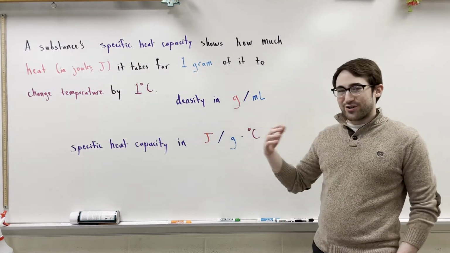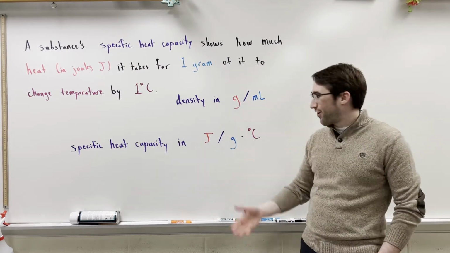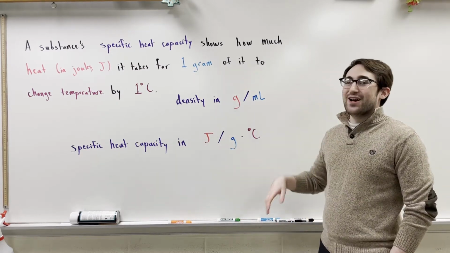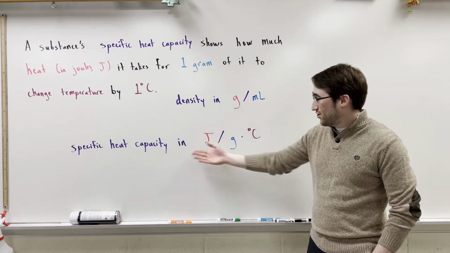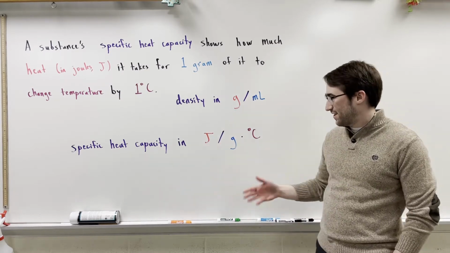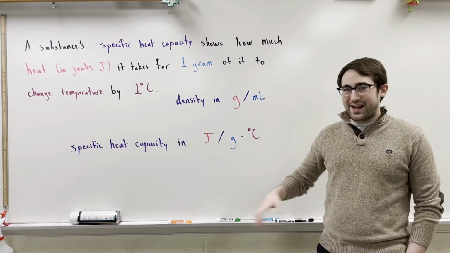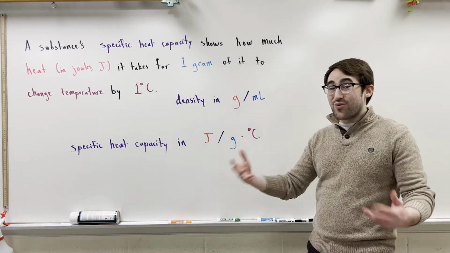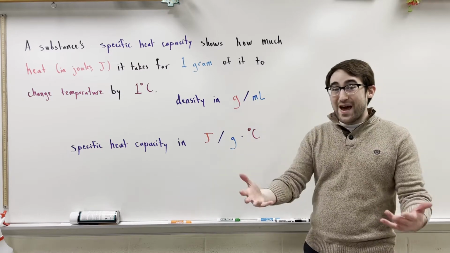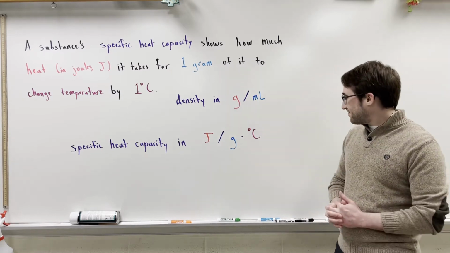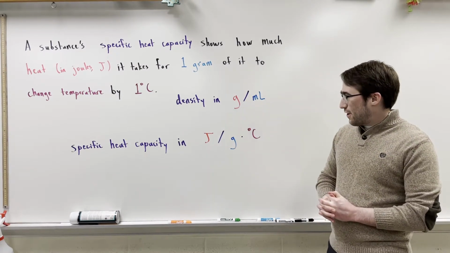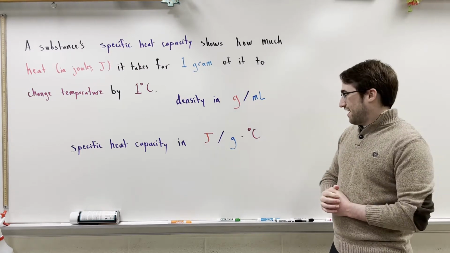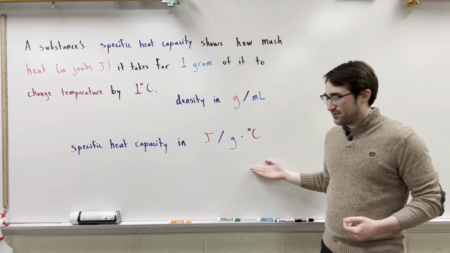Okay, so like again, water's specific heat capacity is 4.184 joules per gram degree Celsius, or copper's is 0.385 joules per gram degree Celsius, and so on and so on. And we can use this to calculate just how much heat it will take to change something's temperature by oh so much for oh so much mass of that stuff. Okay, so if we want to accomplish that, we have a unit we can use for specific heat capacities.